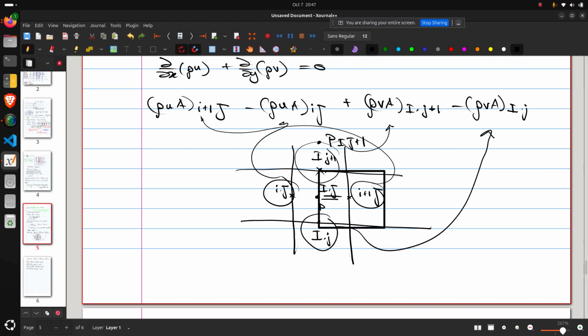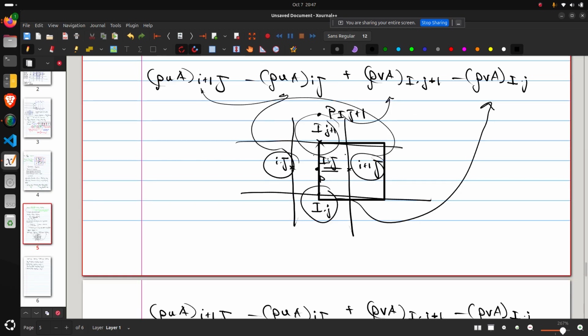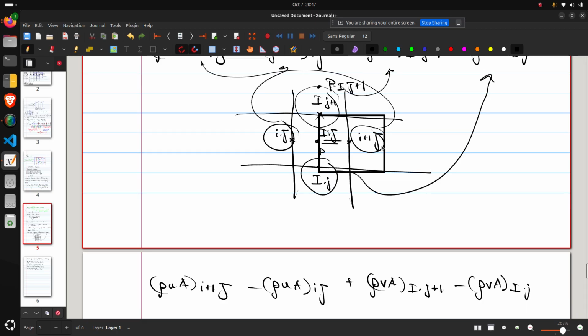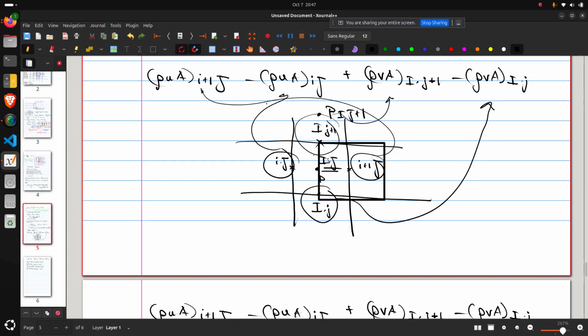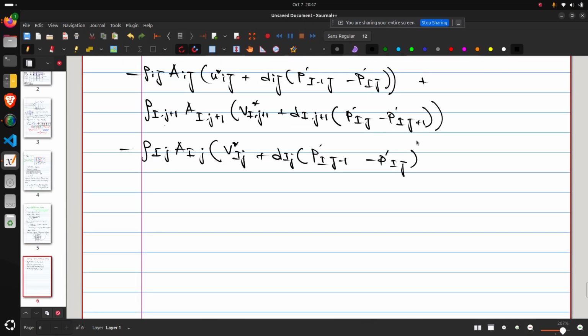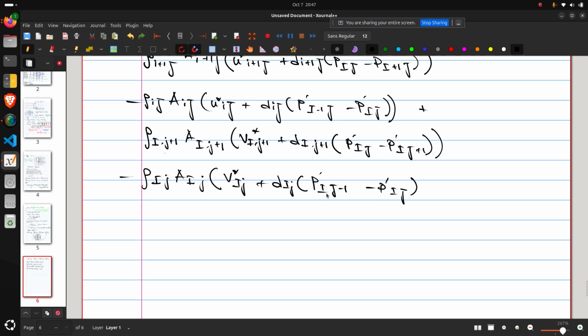And to get the pressure gradient, we will have to subtract these two terms, right? Because we store the pressure values at the cell centers only, at the original cell centers. Yeah, because of that. And these also will be all capital I, capital J. So this is a sanity check that you can do, that all the pressure terms and the d terms will have capital I's and capital J's both.